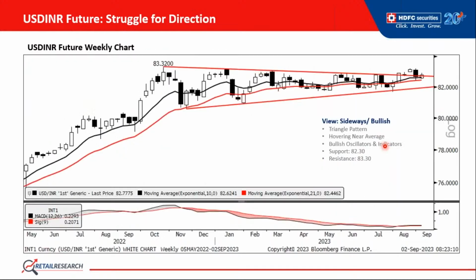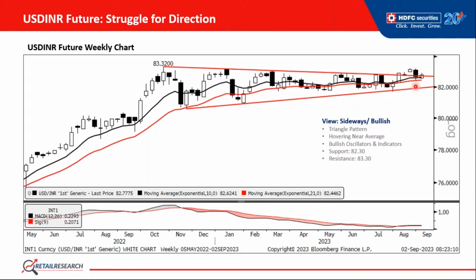Now back to the technical aspects. As you can see, from last October we have been trading in a triangular pattern. This is the USDINR weekly chart. Last month we gave a breakout above the trend line of the triangular pattern.